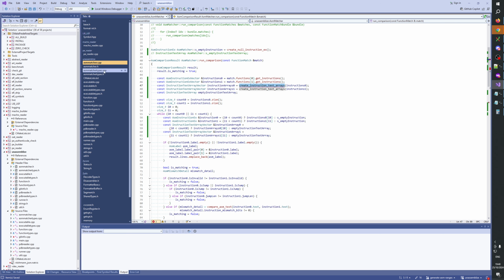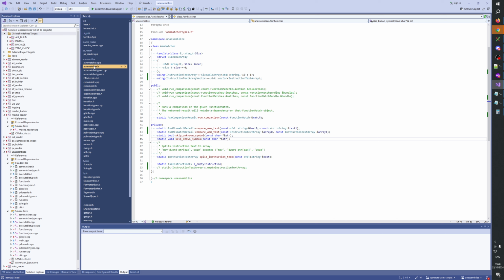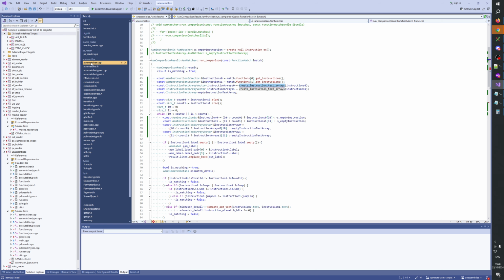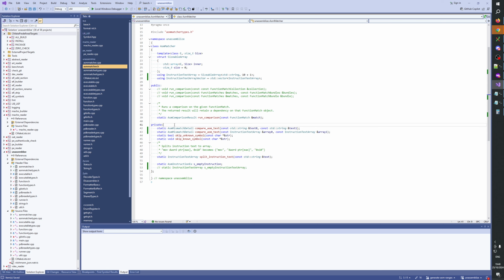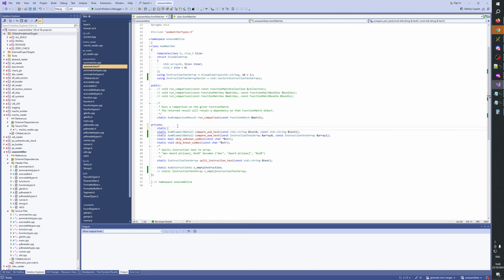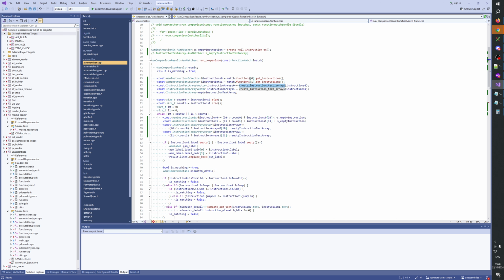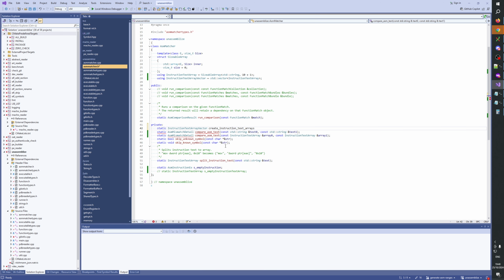Let's implement this guy here. So we need a function static instruction text array vector, create instruction text arrays.